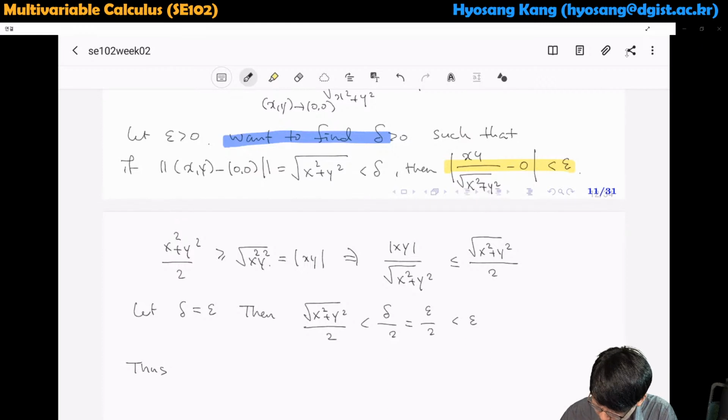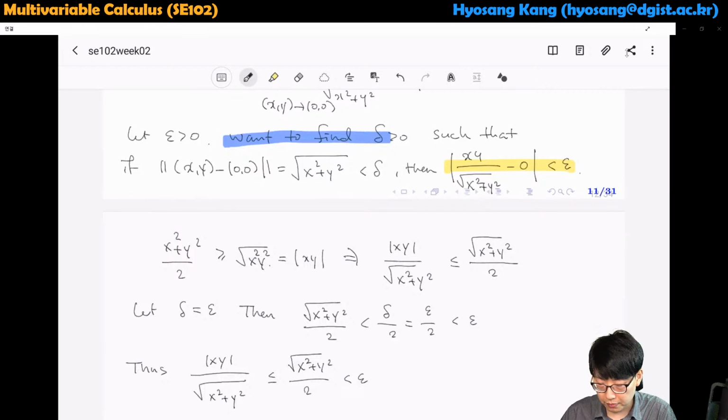Therefore what we have here is, because of this formula, xy over square root of x squared plus y squared is less than or equal to the square root of x squared plus y squared, which is less than epsilon, and we are done, because this is exactly the inequality that we wanted in the beginning.